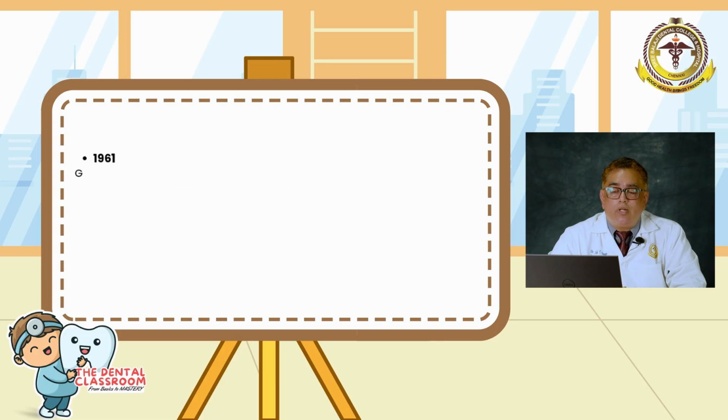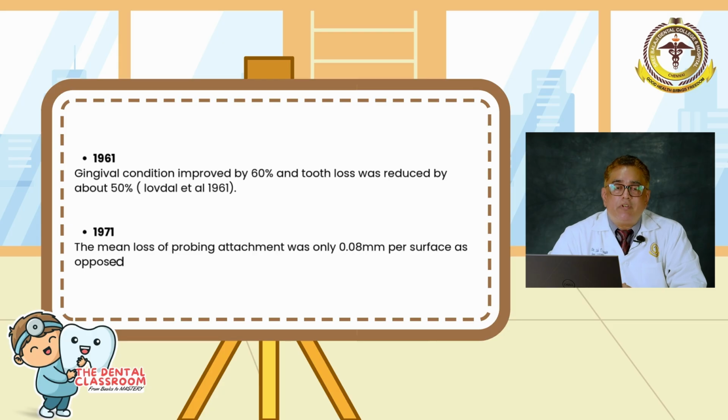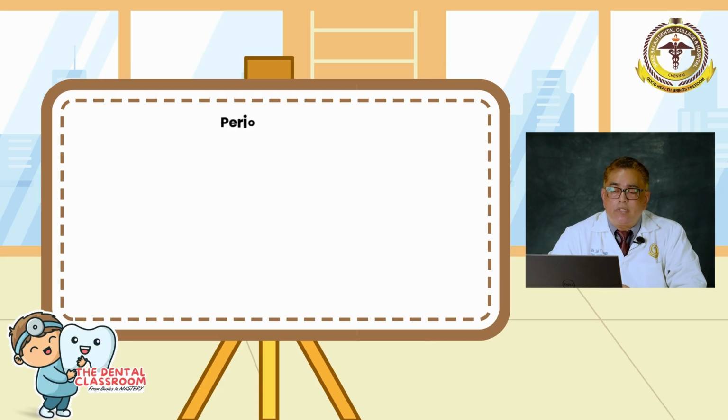In 1981, Lindhe reported reduced caries and bleeding on probing. The gingival condition improved by 60% and tooth loss was reduced by 50% in 1961, as stated by Lovdal et al. And in 1971, the mean loss of probing attachment was only 0.8 millimeters per surface as opposed to 0.3 millimeters in the control group, as stated by Suomi et al.